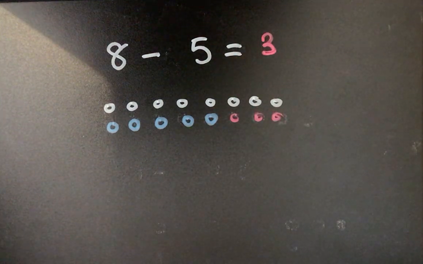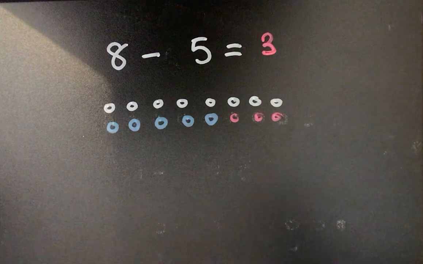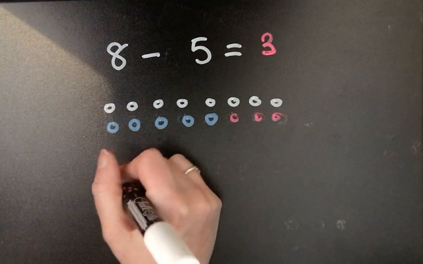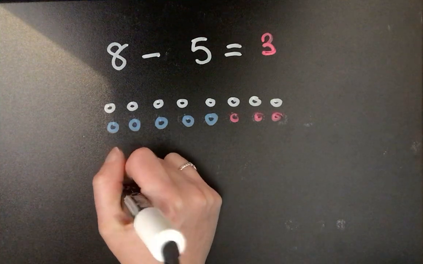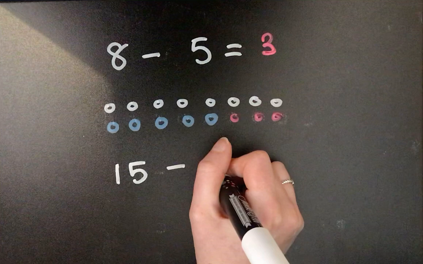Let's do it one more time. Like I am doing, you might find it easier to use different colours to help you see the difference. Let's do a harder one. Let's do 15 take away 8.